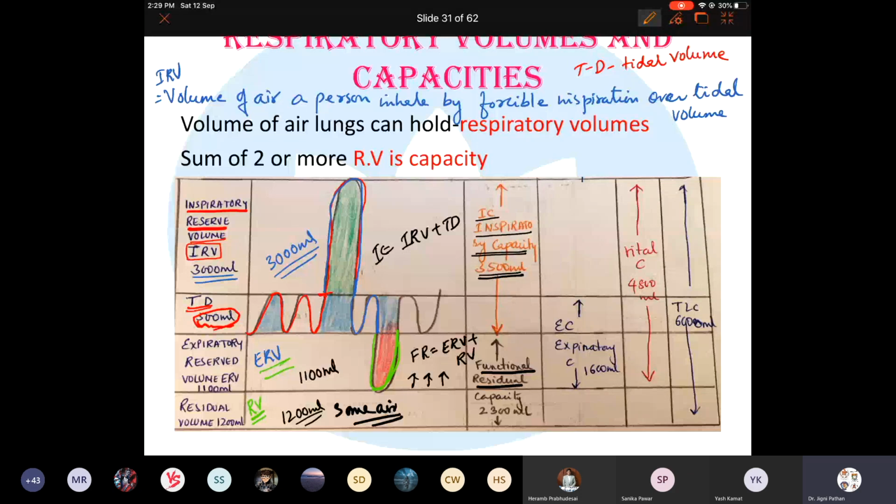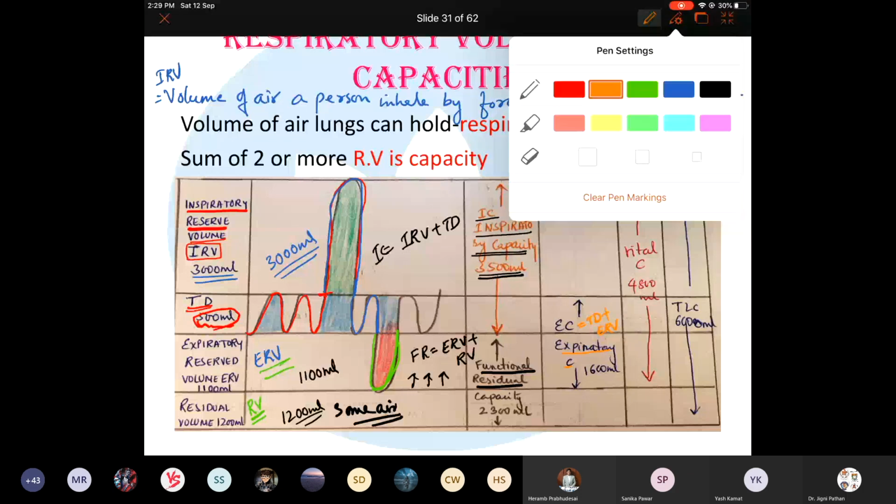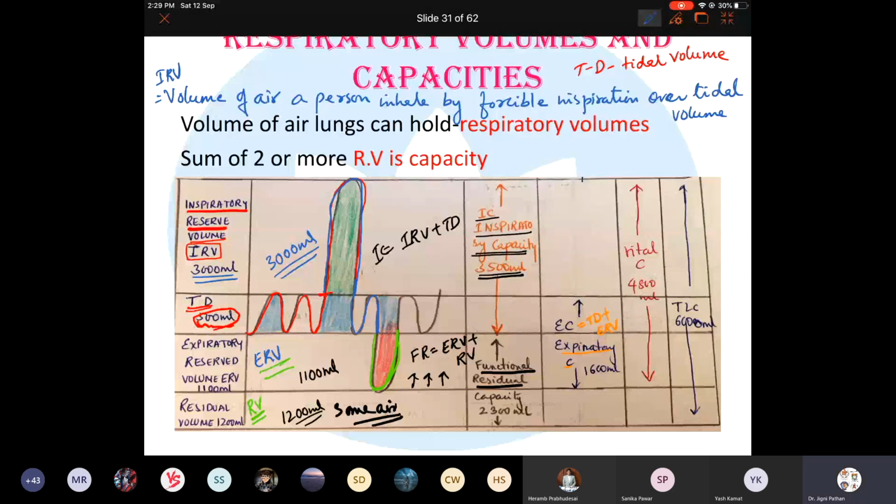EC is expiratory capacity. EC is equal to TV plus ERV. What is vital capacity? Vital capacity is equal to IRV plus TV plus ERV.